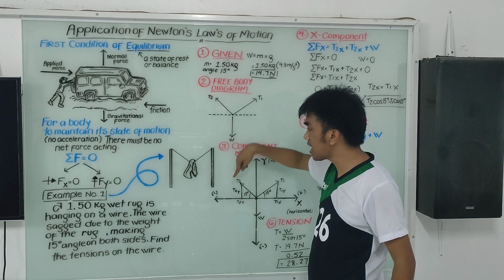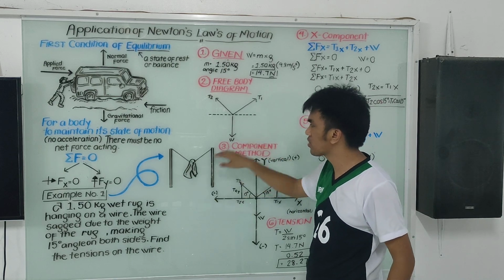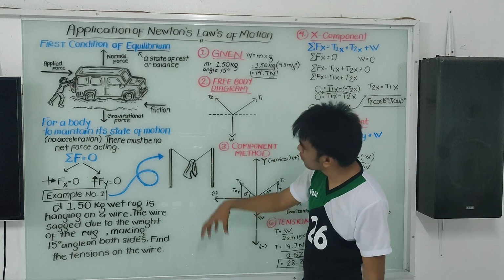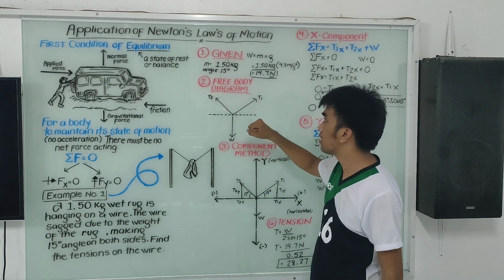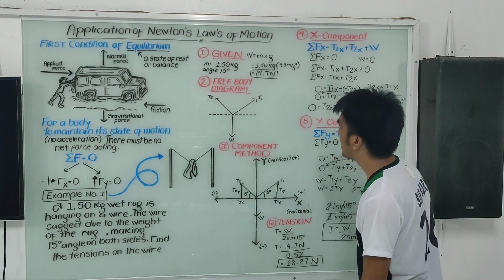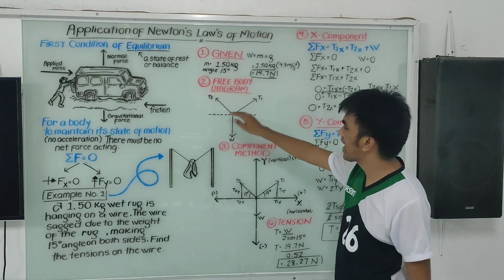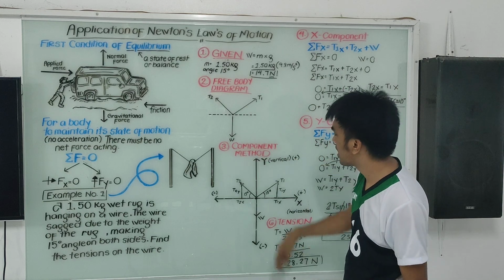And we also included the weight, because of course the weight of the wet rag must be included in our free body diagram since it hangs here on the wire.